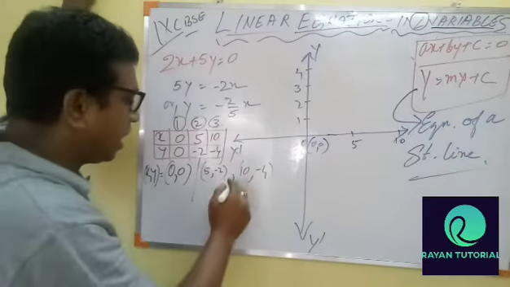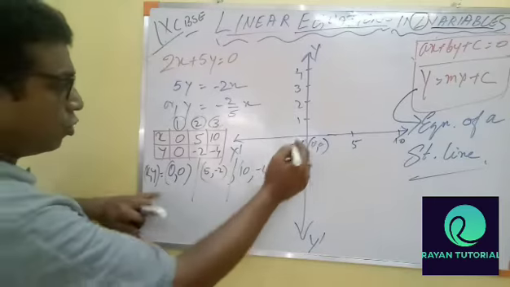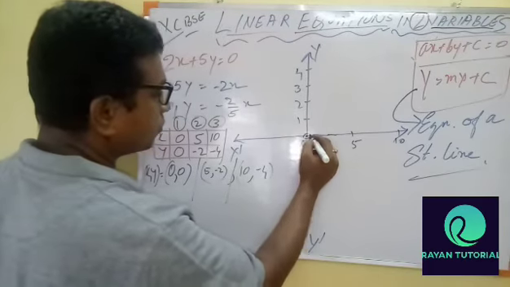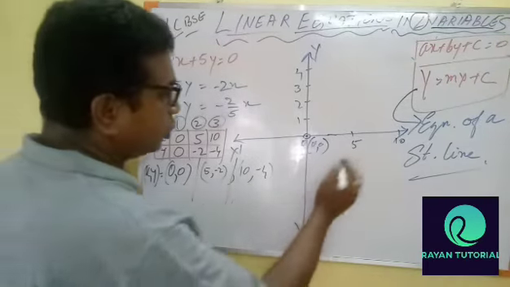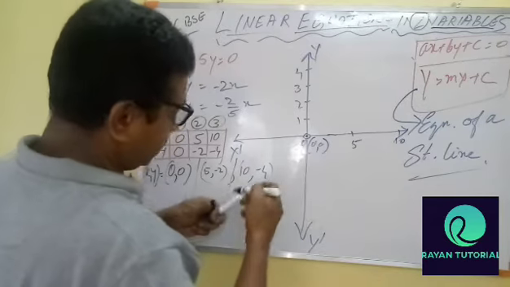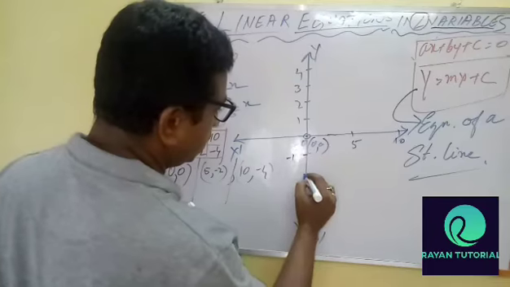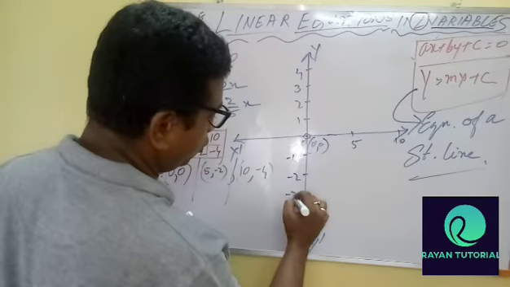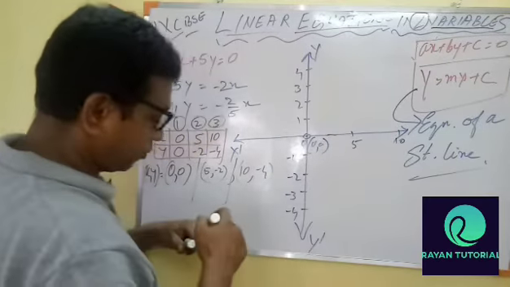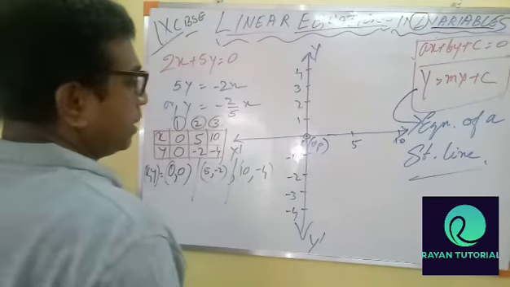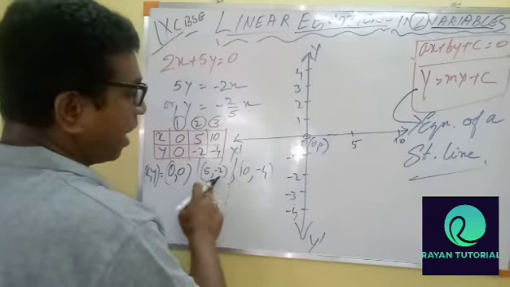Plot this in the graph. So (0, 0), this point. (5, -2). So this one is -1, this one is -2, -3, -4.